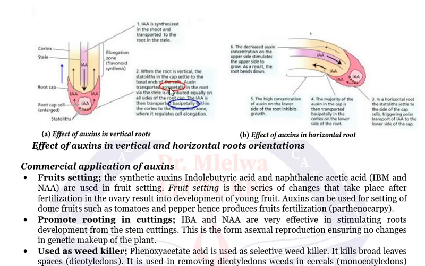Auxin transported acropetally in the root via the stem is distributed equally on all sides of the root cap. The indole acetic acid is then transported basipetally within the cortex to the elongation sides where it regulates cell elongation.